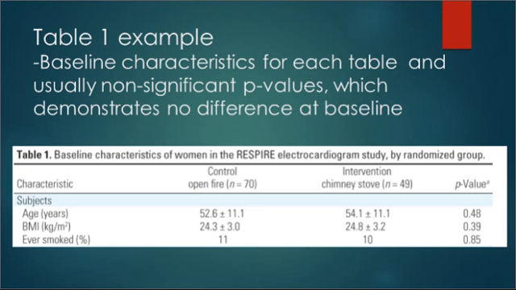This is what we would expect to see at the beginning of a study. When we randomize people into 2 different groups, we don't want those groups to be different on any characteristic. That's what randomization is all about. And so we expect to see those p-values to be more than 0.05, which indicates it is not statistically significant.